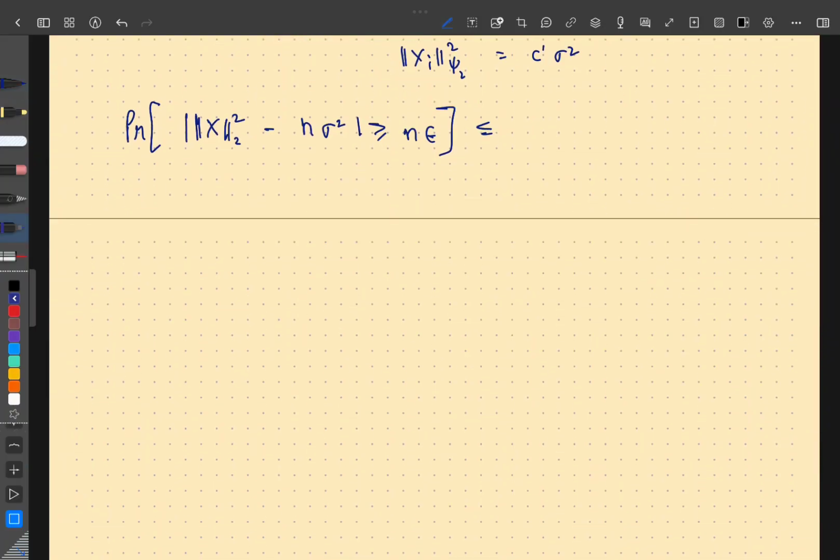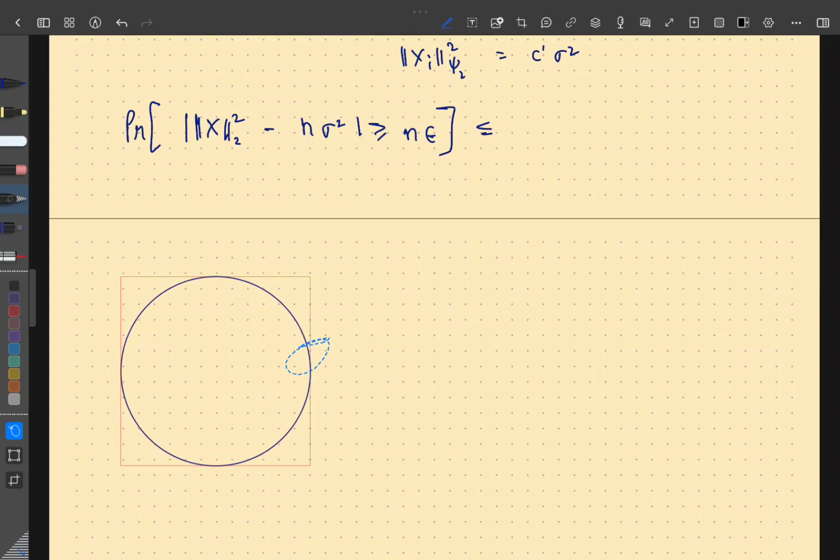Just to understand what this means, here's a geometric picture, but of course in 2 dimensions.